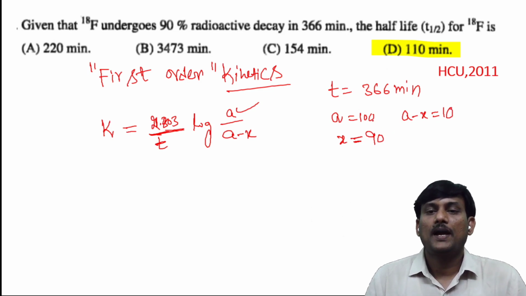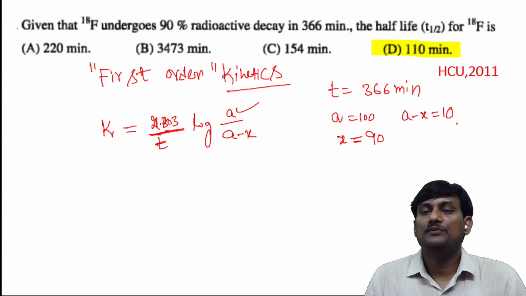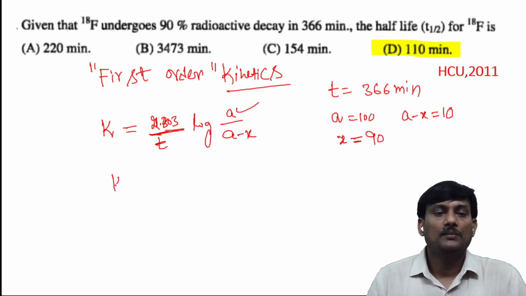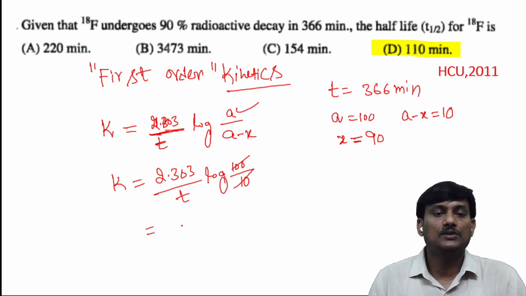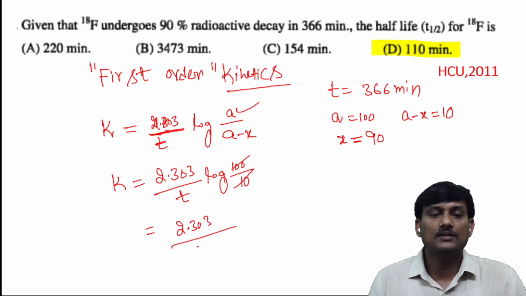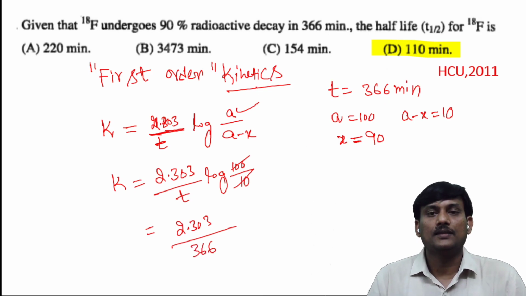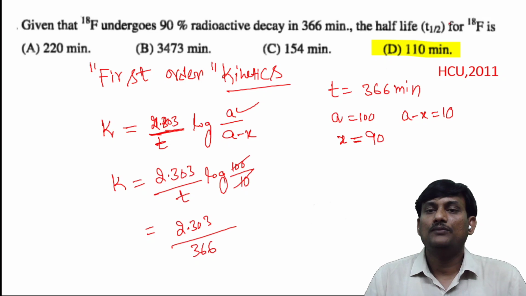If you take 100 nuclei, 90 nuclei will participate in the radioactive decay and there is a remaining of 10 nuclei. So by this equation we can calculate: K is equal to 2.303 by T log of the initial number of nuclei 100, 90 consumed, so 10. T value is given, it's 366. We have to calculate half-life time.